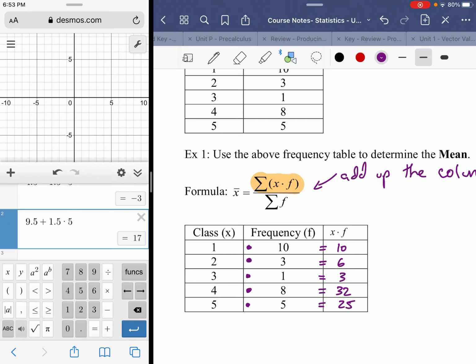So what this formula is telling us to do is add these 2 columns, because this is my F column. 10 plus 3 is 13, 14, 22, 27. 10 plus 6, 16, 19, 51, 76.